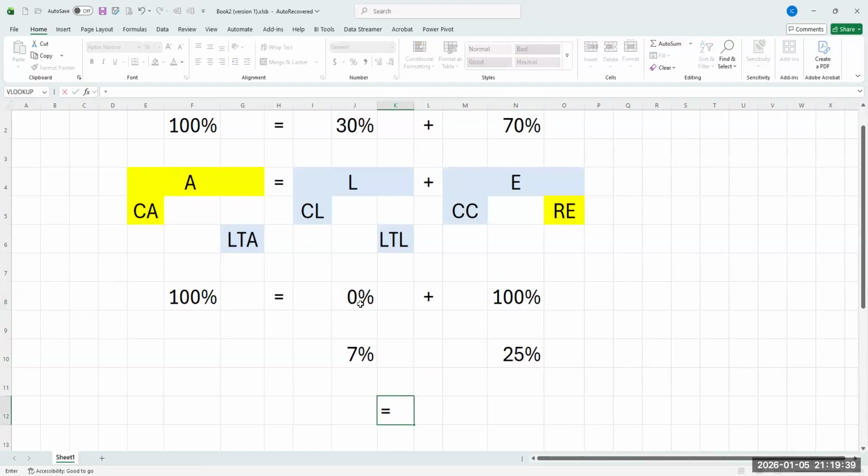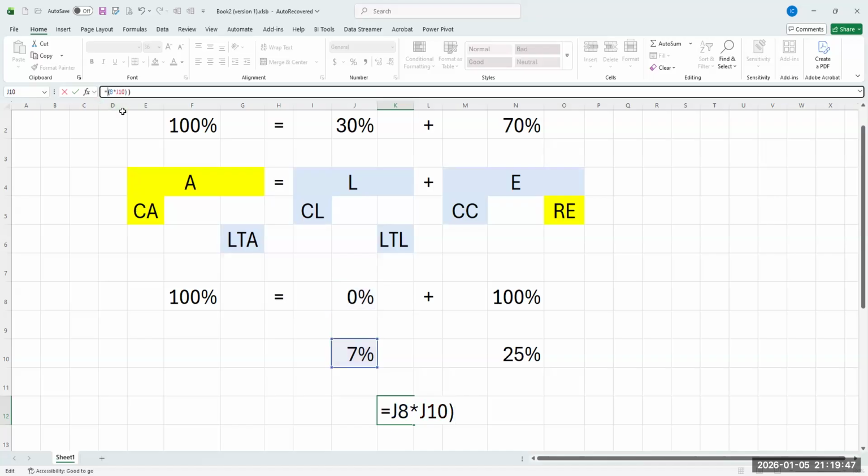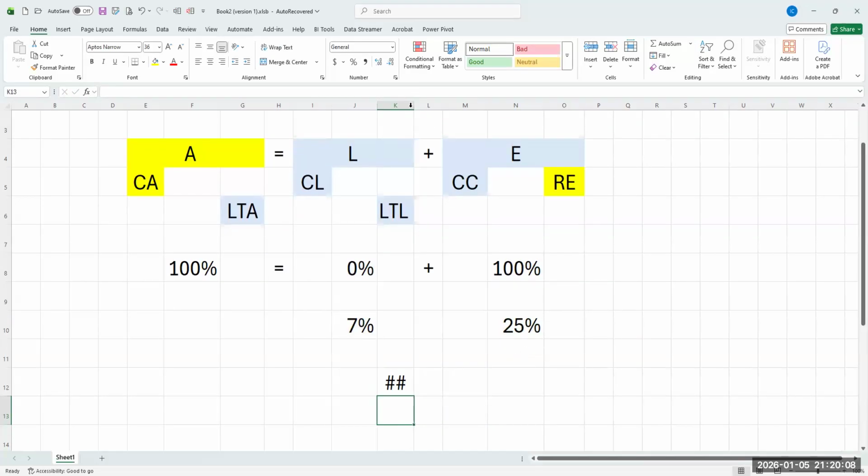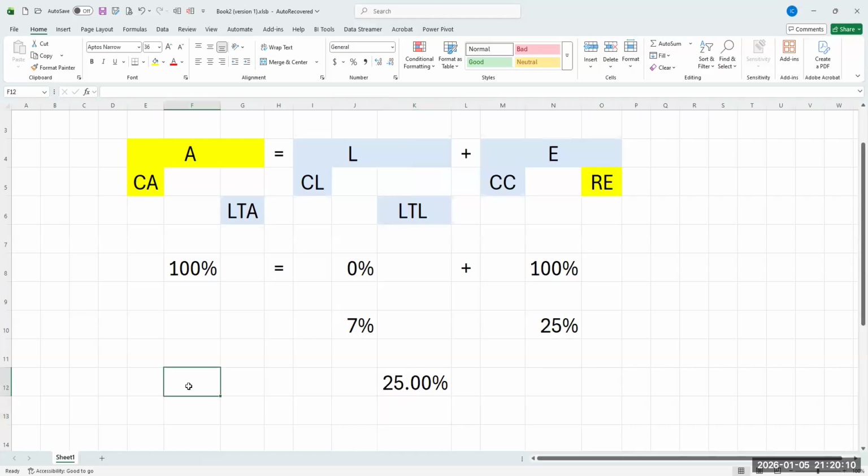The simple formula will be 0 times 7% in brackets, plus 100 times 25% in the other bracket. So my cost of capital is 25%.